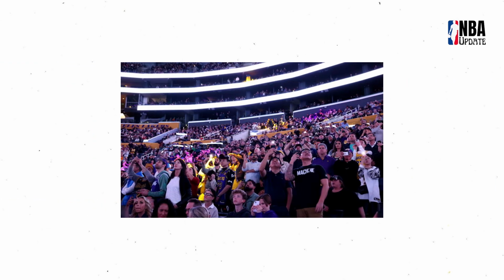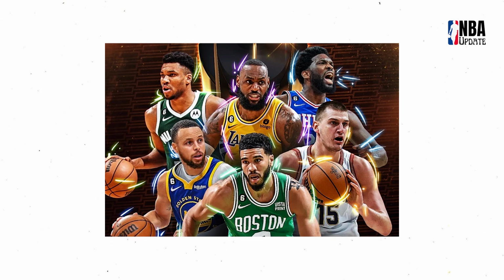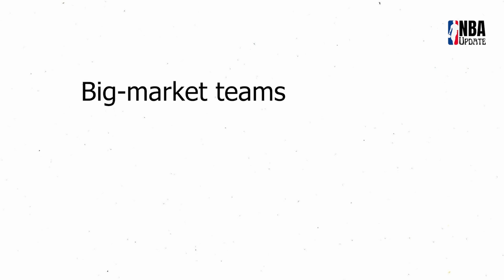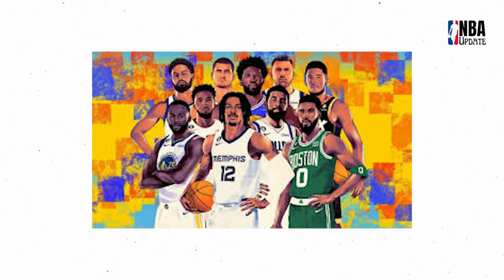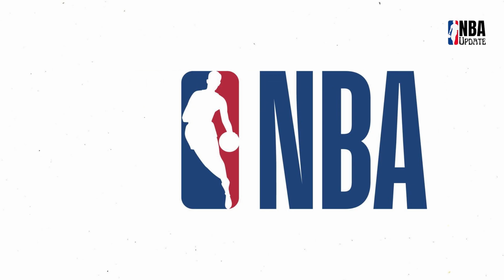These days often cause dramatic shifts in the leaderboard and reward highly organized fan bases. This system favors players with massive followings, big market teams, viral highlight creators, and international superstars with countrywide support. Performance matters, but visibility matters more.